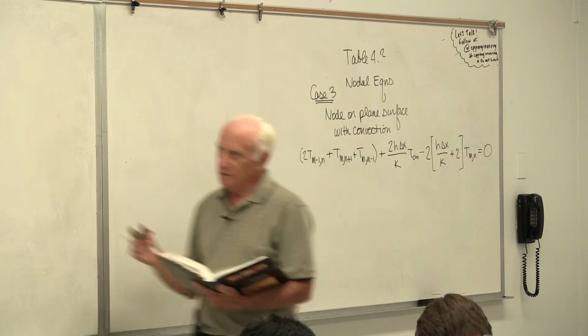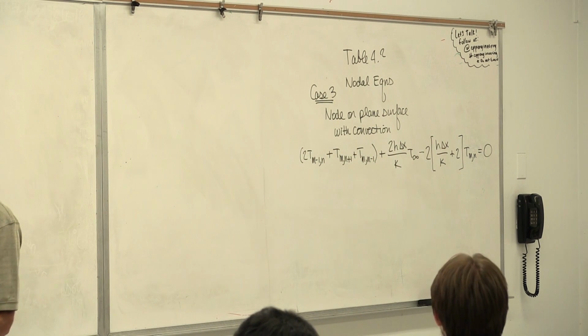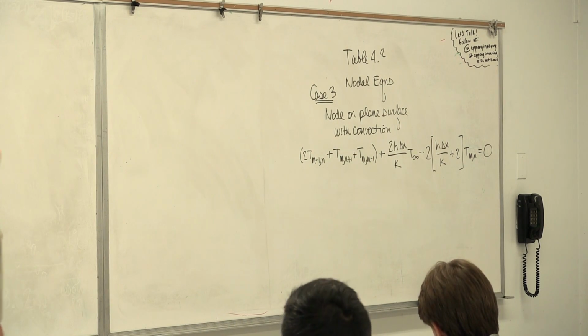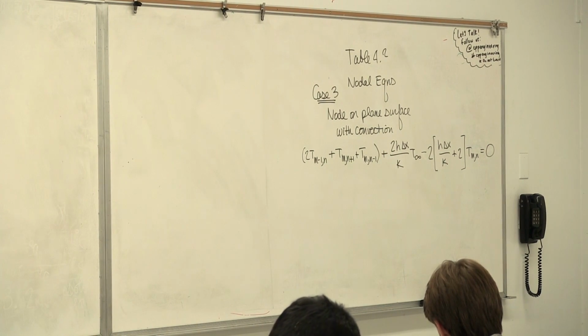So that can be derived just like I derived this one over here for a boundary node with convection. That's a boundary node with convection.